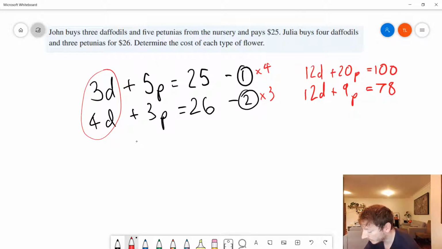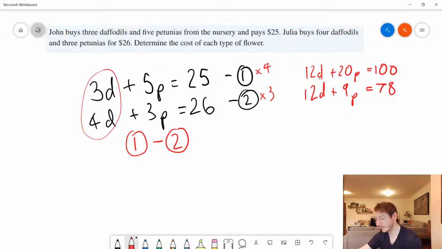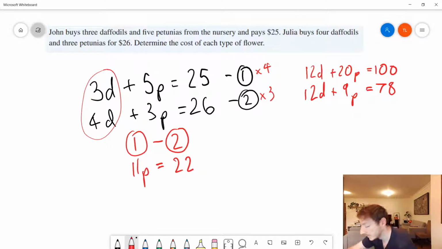If I write equation 1 take away equation 2, because 12d and 12d, the way to get them to equal 0 is to subtract one from the other. I'll get 0 plus 20p minus 9p is 11p equals 100 minus 78 equals 22. Oh, we got 22 again. Divide by 11, divide by 11. You can see a petunia costs $2.